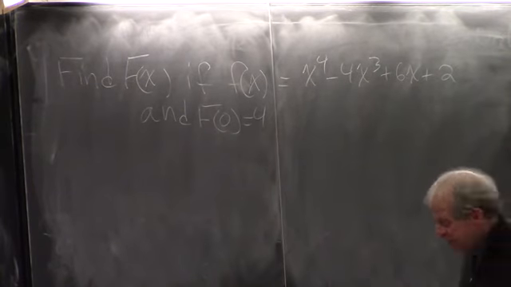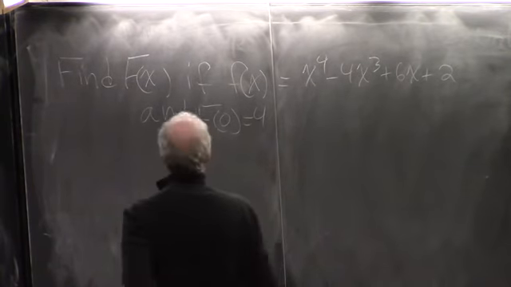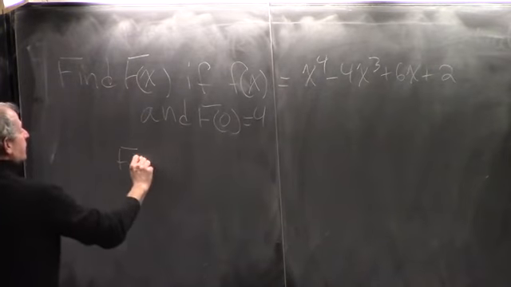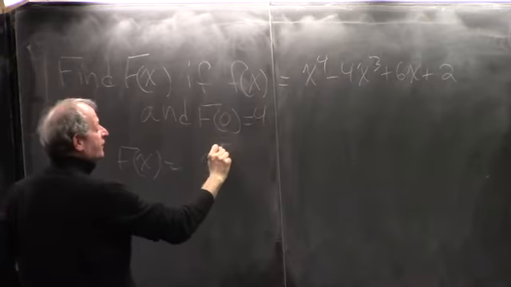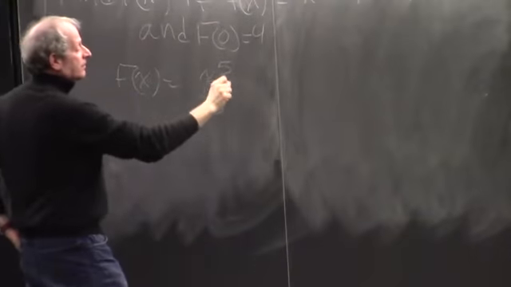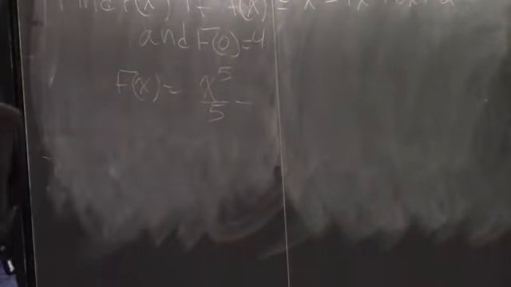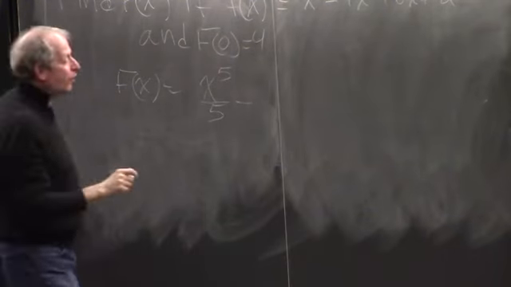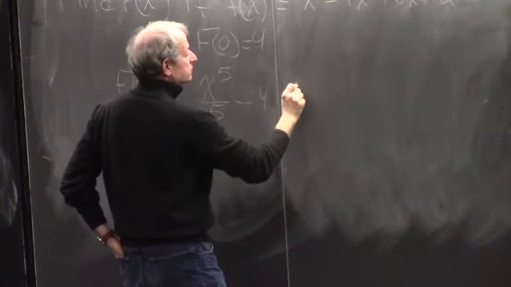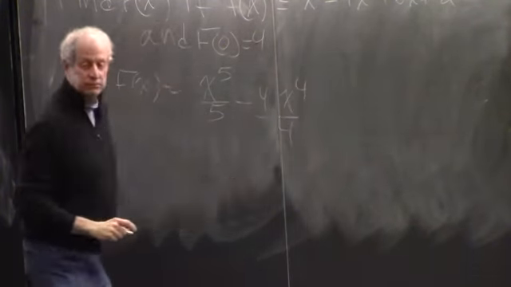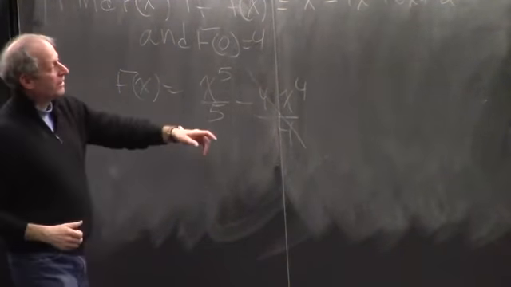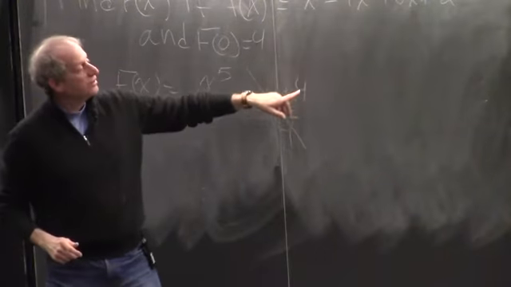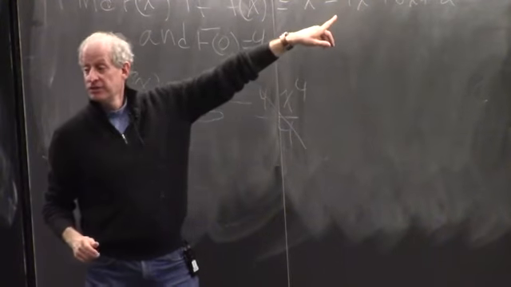Okay, let's do the antiderivative. So, the antiderivative of x to the 4th is x to the 5th over 5. 4x cubed becomes 4x to the 4th over 4. Okay? And then these 4's are going to cancel. Think about it. Take the derivative of x to the 4th, you get 4x cubed.